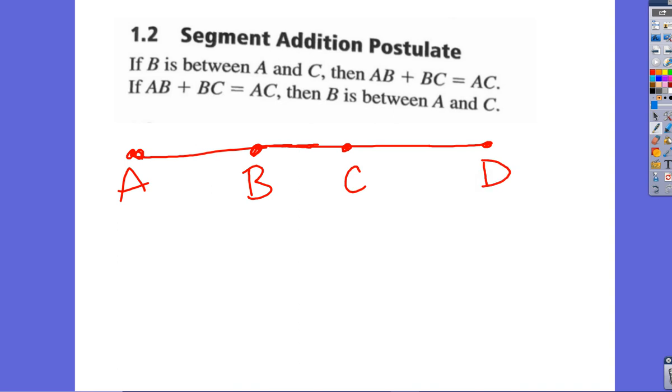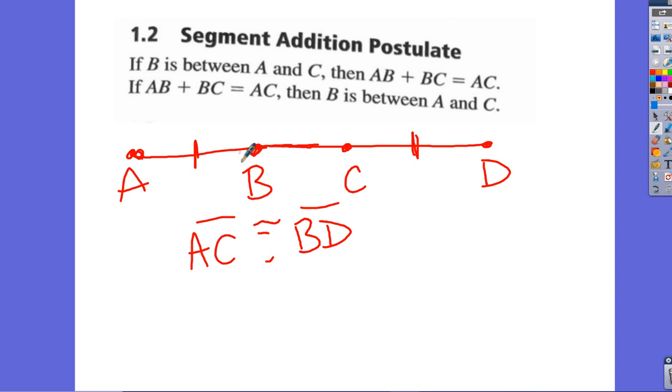Okay? So if you're trying to make some kind of connection, let's say our goal is to prove that AC is congruent to BD. And let's say that they gave us already that AB and CD were congruent to each other. Well, somehow, some way, I have to introduce AC and BD into the mix.